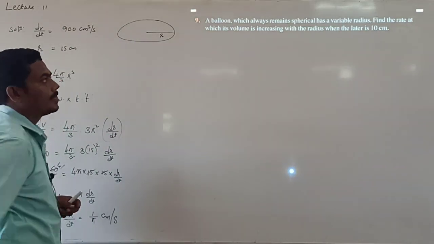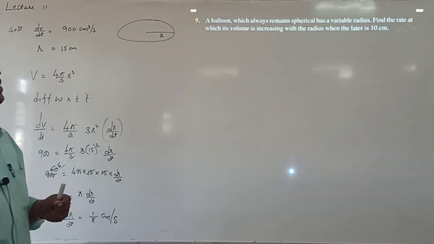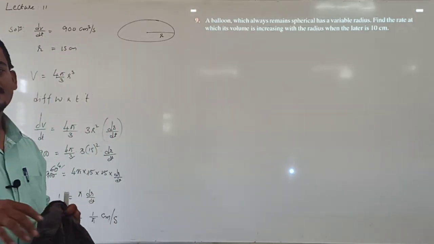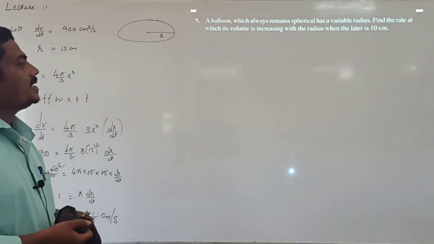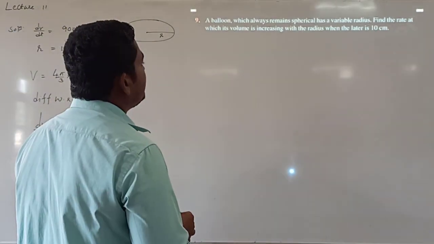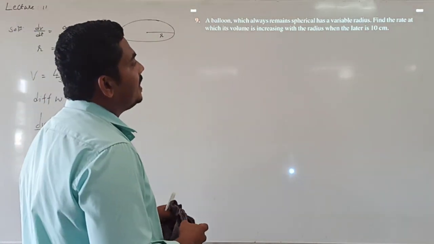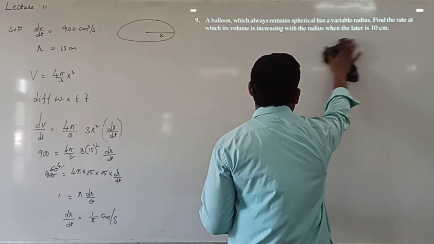Next problem. A balloon which always remains spherical has variable radius. Find the rate at which volume is increasing with the radius when the radius is 10 centimeter.